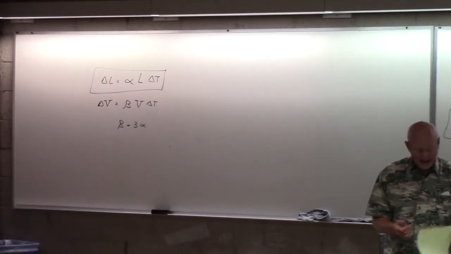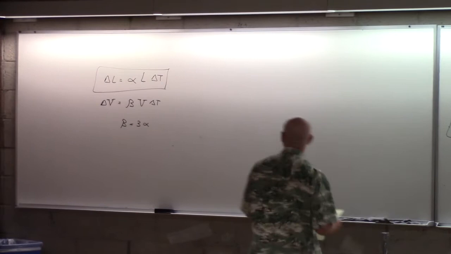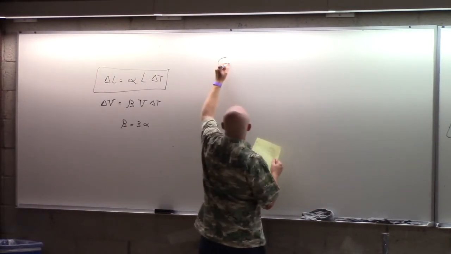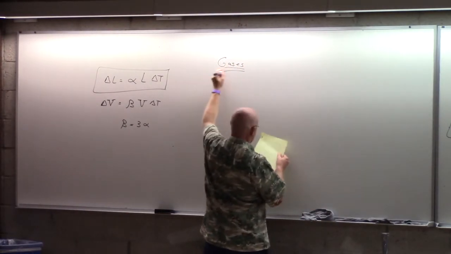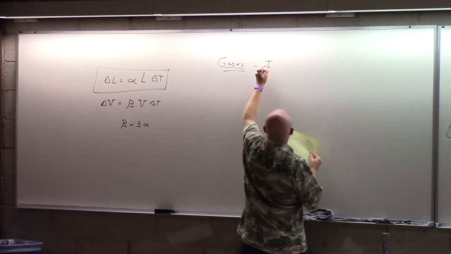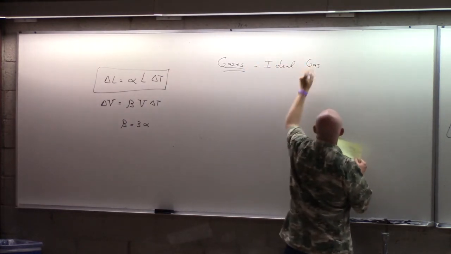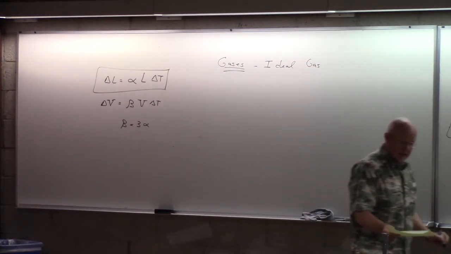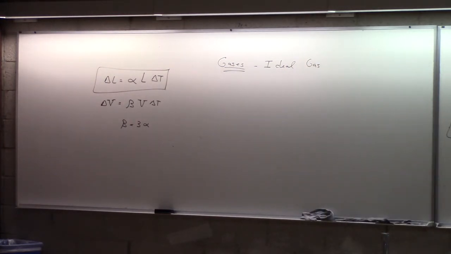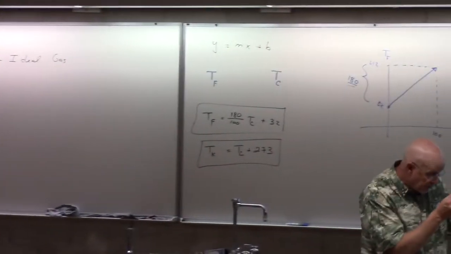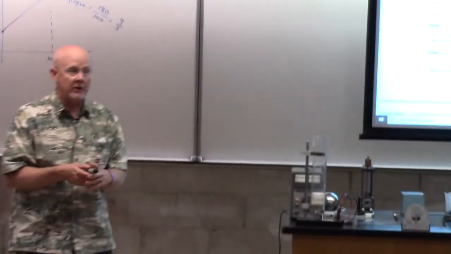He says, all right, let's take a look at a gas. And so let's look at gases. And we call this the ideal gas. An ideal gas is this model of these atoms bouncing around and hitting each other.